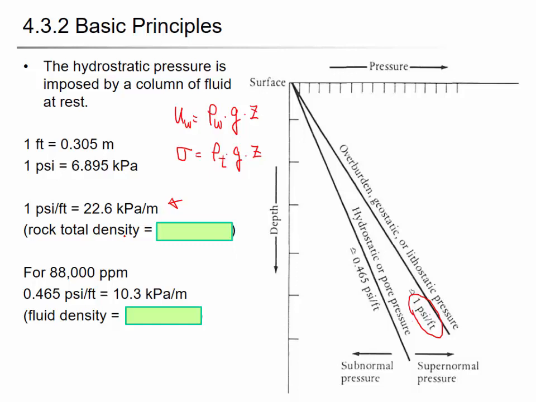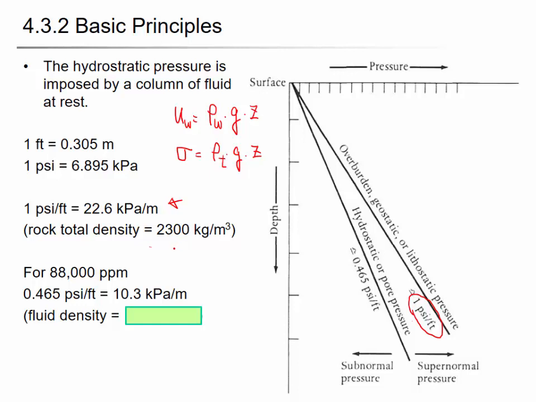How much is it? 2.3. So I think this gradient assumes a rock density of 2,300 kilogram per cubic meter.